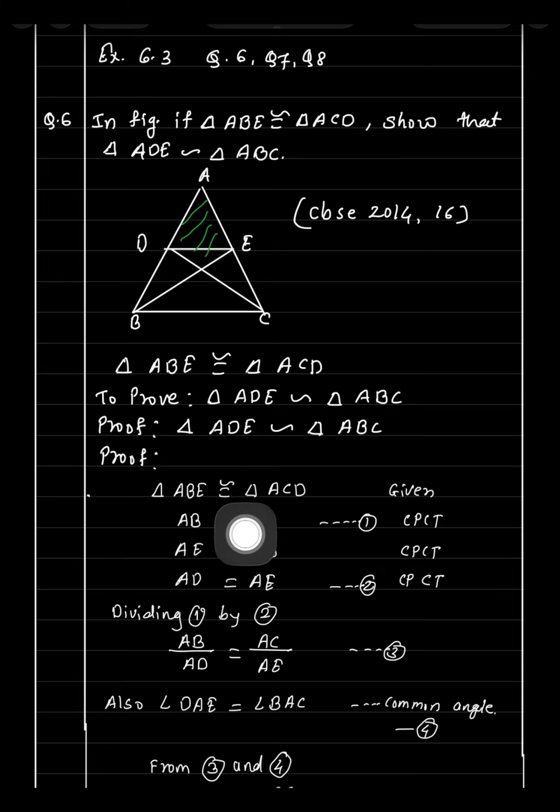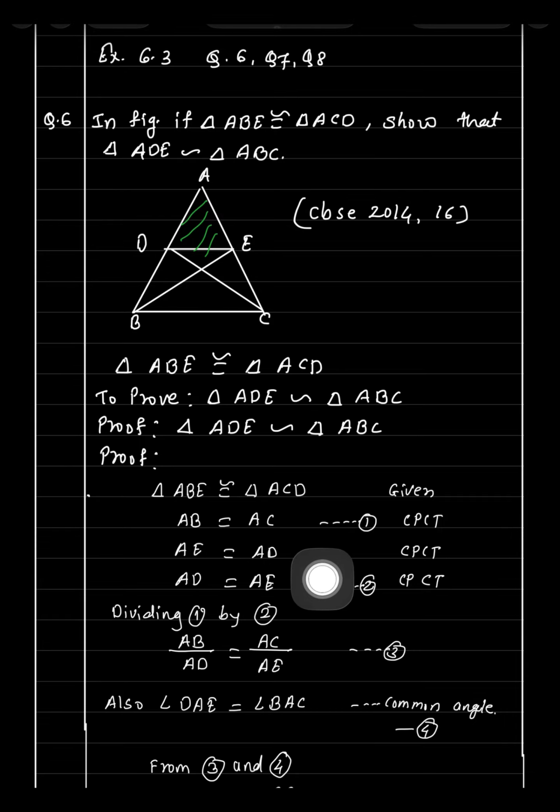There is also a test, but here congruent means their sides are equal, angles are equal. So what will happen? AB equals AC, the sides of those two triangles.